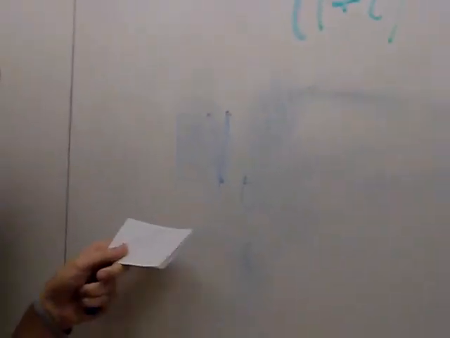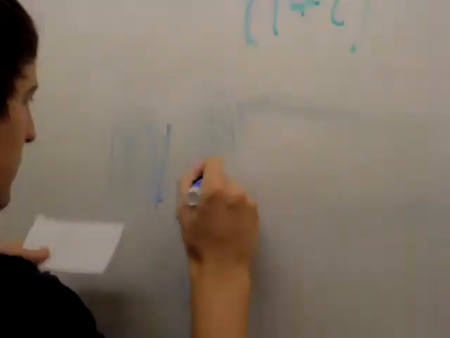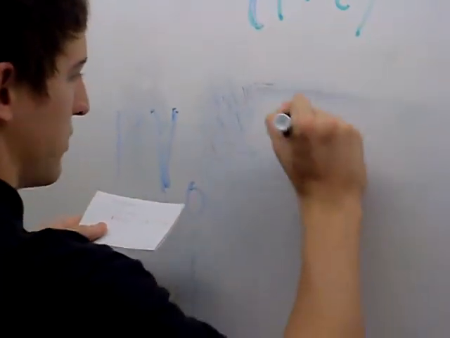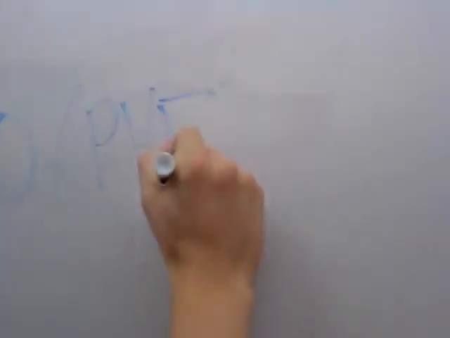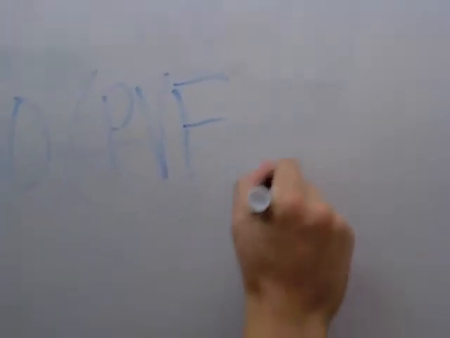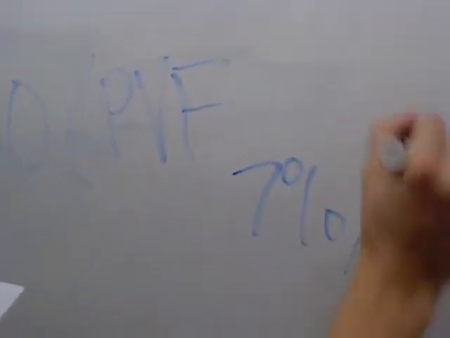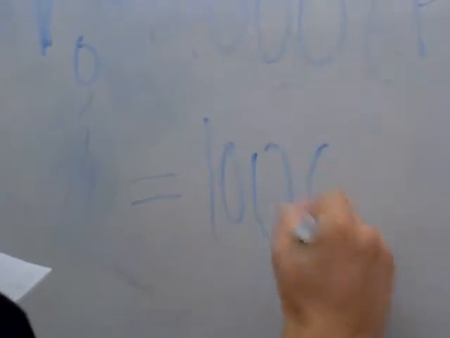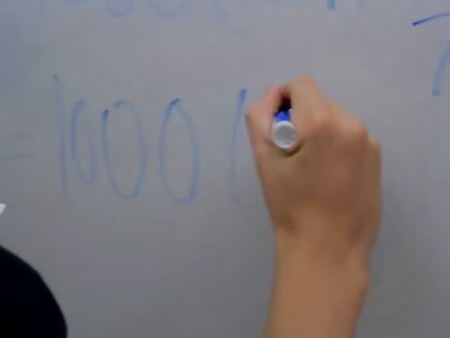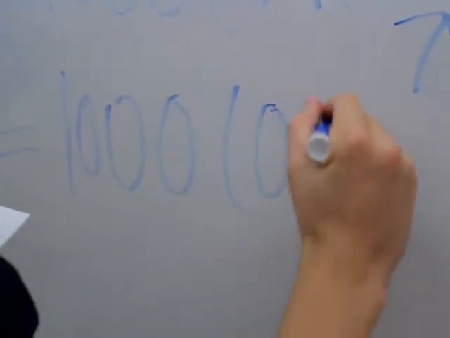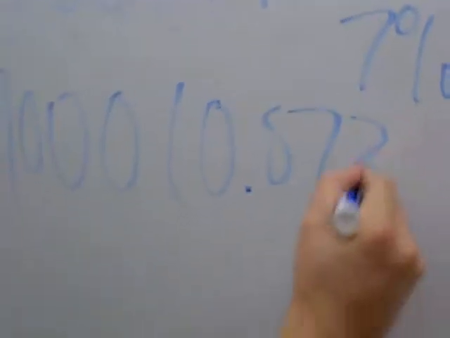So we have our present value, like I said, which equals your $1,000 times the present value factor at that 7% for 2 years. So from that we have this equals 1,000 times 0.873.